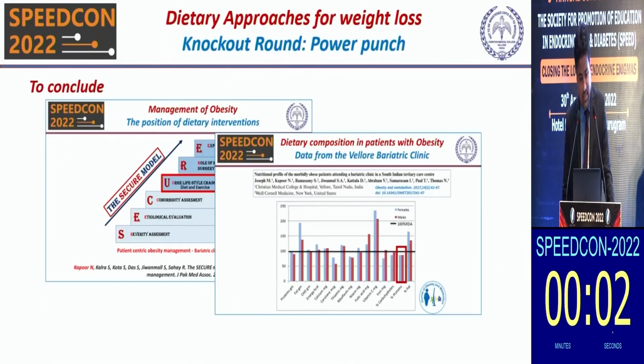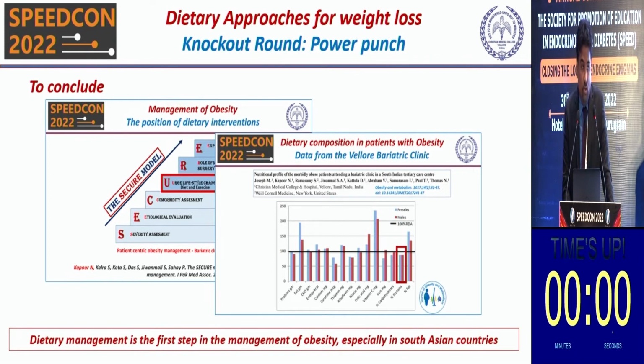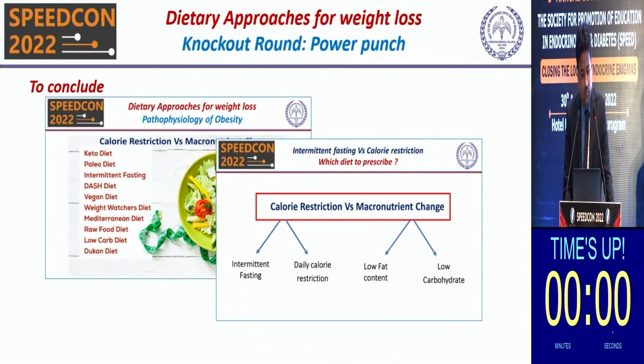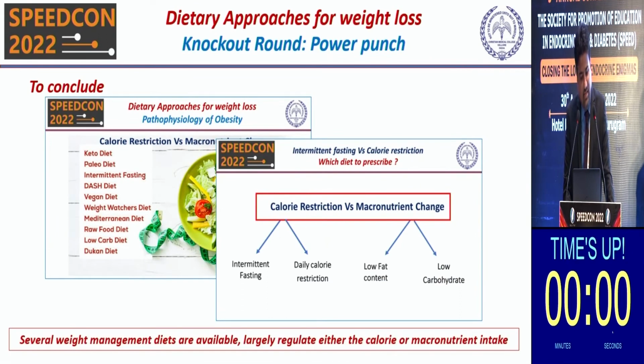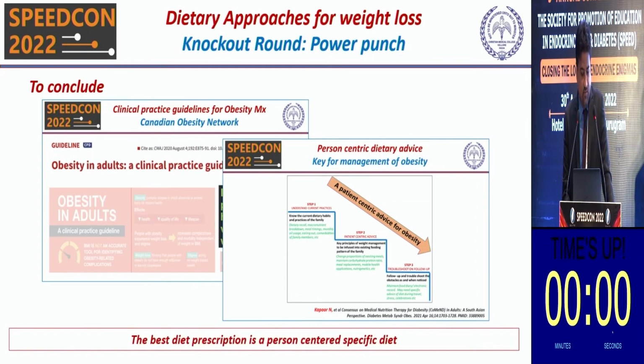So I think with this I'll conclude. Yes, dietary therapies are not only the first step in management of obesity, but run across the spectrum of obesity. Several diets are there, mainly working on calorie restriction and macronutrient change. It's not important how efficacious that diet is in general, but what really works for the one patient sitting in front of you.